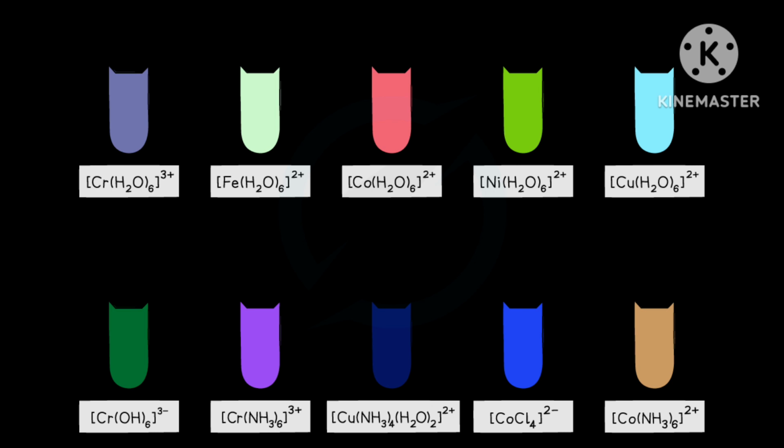Only one chromium is there. But in potassium dichromate, K2Cr2O7, there are two chromium. I told you how you will get potassium dichromate from sodium chromate, Na2CrO4.